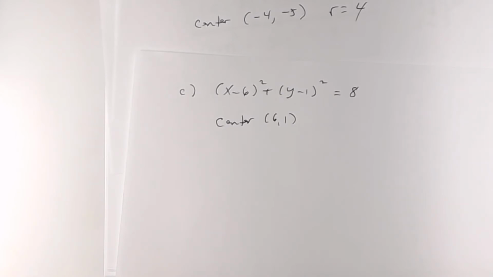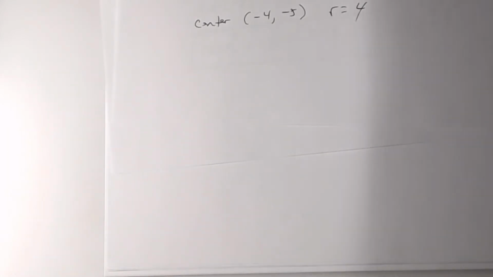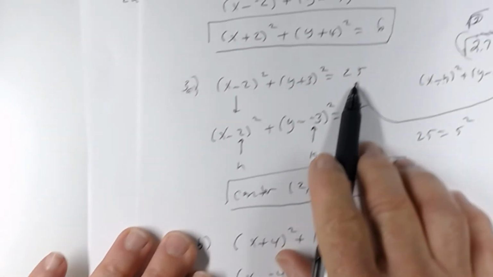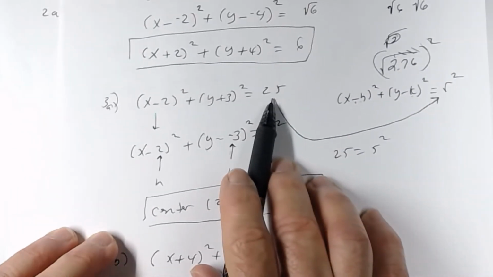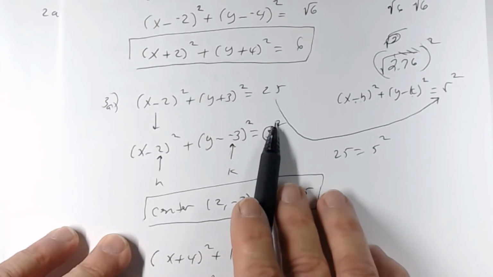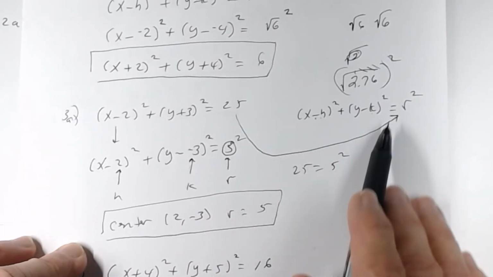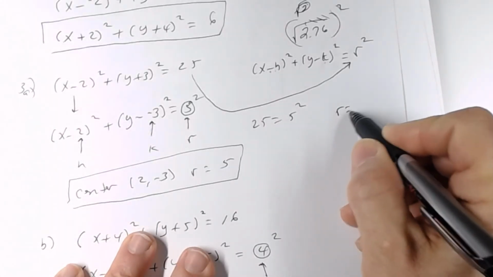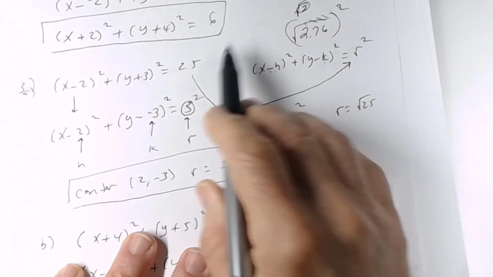But remember, when we talked about this right here, 25, we wrote it as 5 squared, but we also said that you can just say the square root of 25. So the radius will be the square root of 25, which is 5.